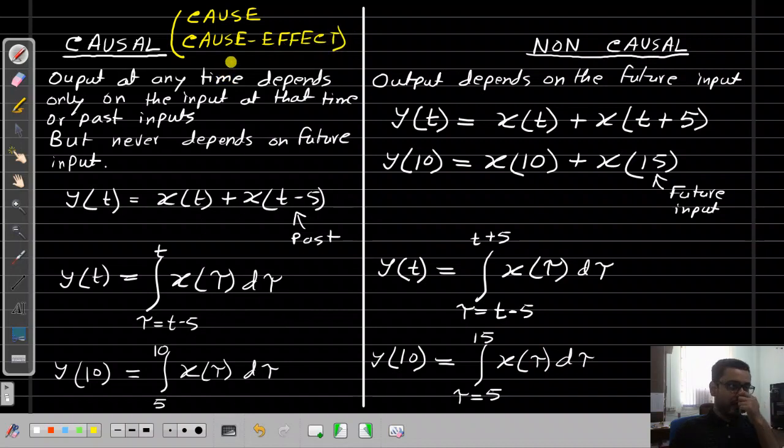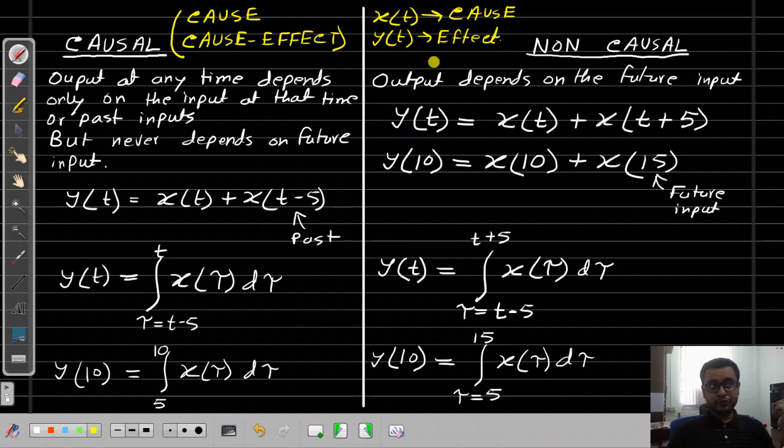Normally you can think that the input x of t is the cause for the output, and the output y of t is the effect of the input.